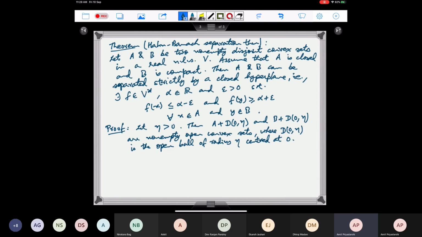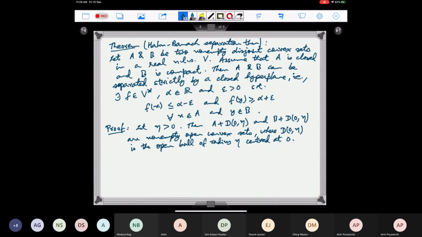First of all, we want to make sure that there exists some eta small enough such that these two sets are disjoint. For that, we will make use of the fact that A is closed and B is compact.